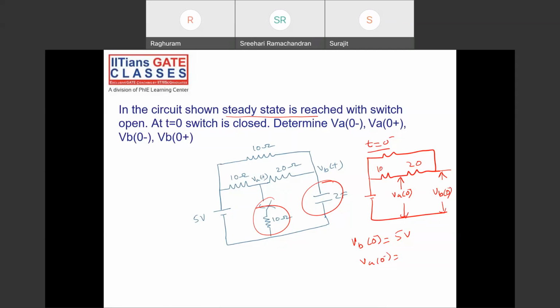No current flows through the 10 ohm and 20 ohm. No current flows through this.